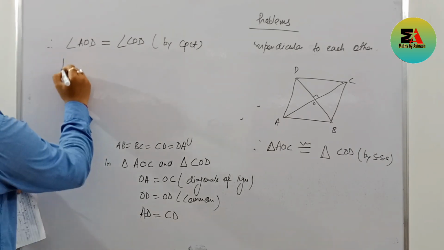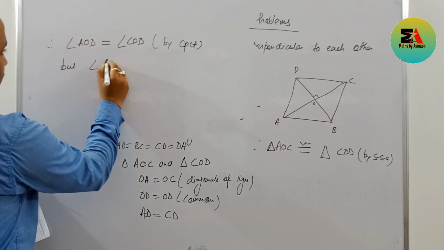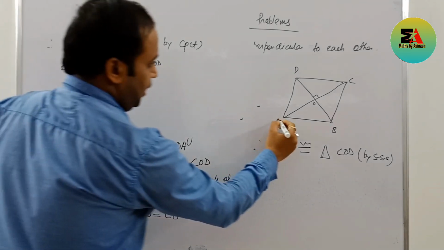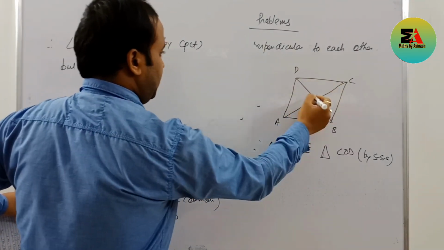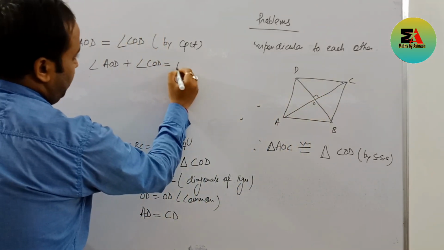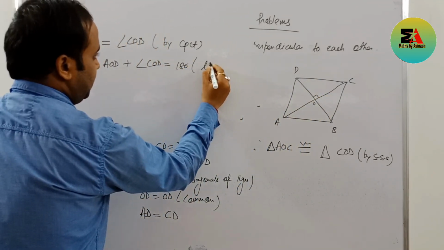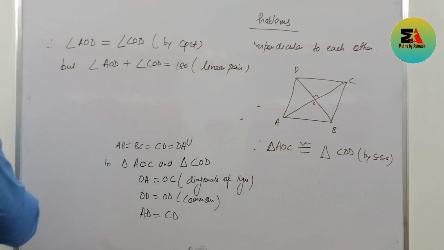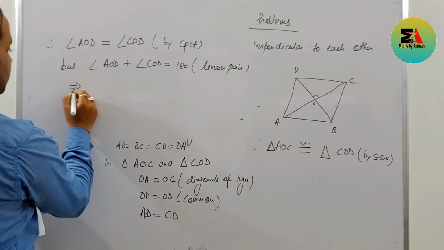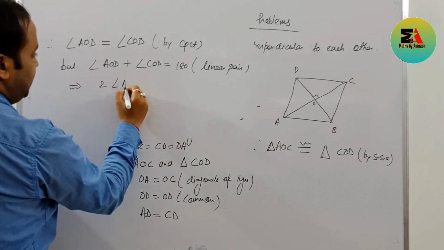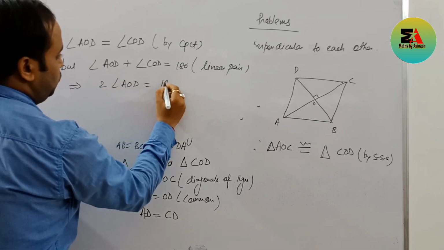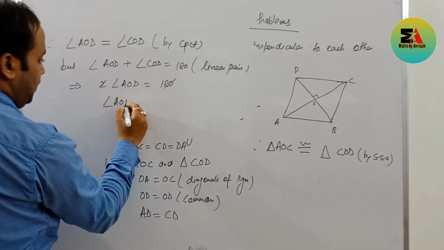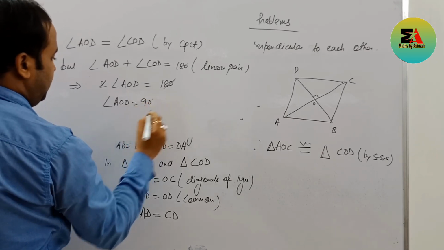Clear? But you write AOD plus COD. These become 180 degrees. Why? Linear pair, as you see in the figure, and both angles are equal to each other. You have to write that twice of AOD equals 180 degrees. Therefore, angle AOD equals 90 degrees.